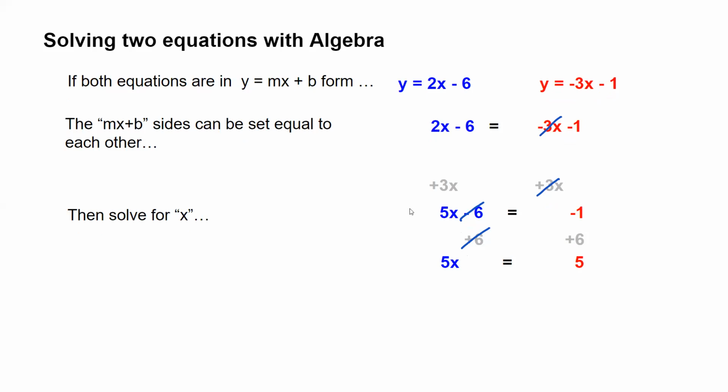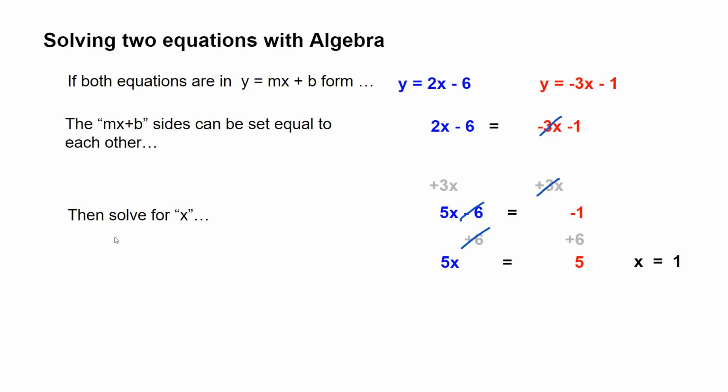One last step, we're going to divide both sides by 5, and that will give us x equals 1. So we've done a fair amount of work here, and what we've learned is that the x part of our coordinate must be 1. It's going to be 1 comma something.